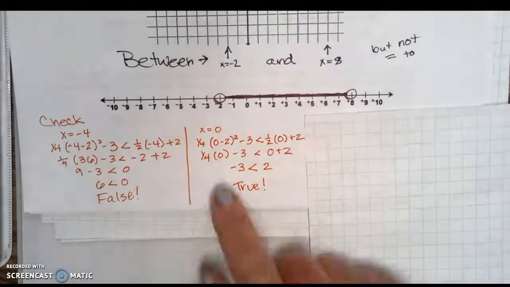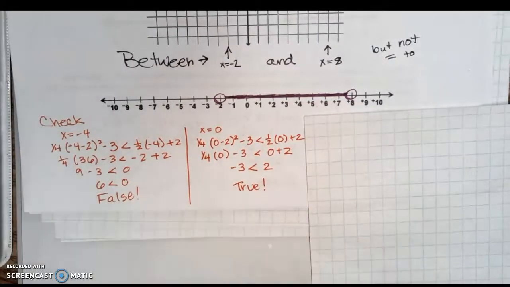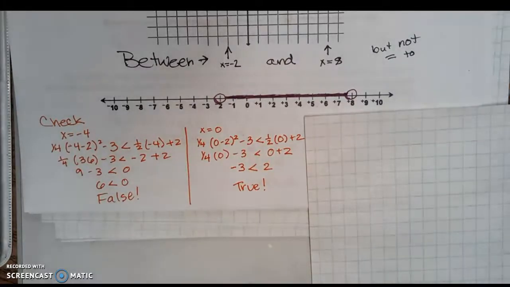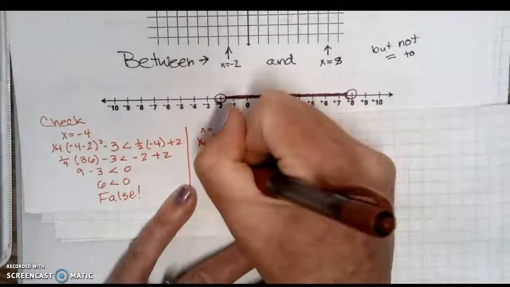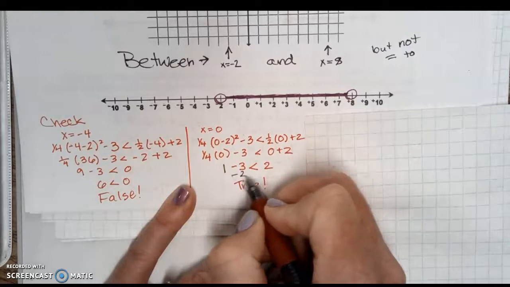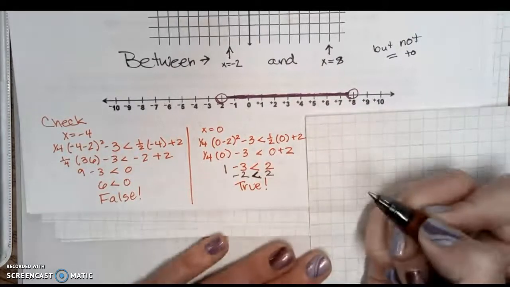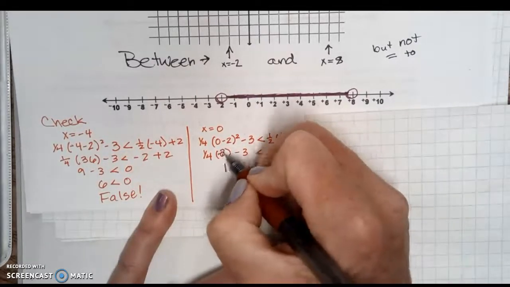And then -2 squared should be 4. And then 1/4 of 4 should be 1 minus 3. There's an error. And 1 minus 3 is -2. Is -2 less than 2? There should be a -2 in here. There we go.